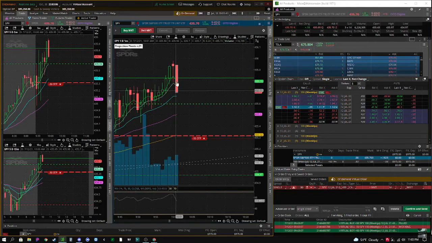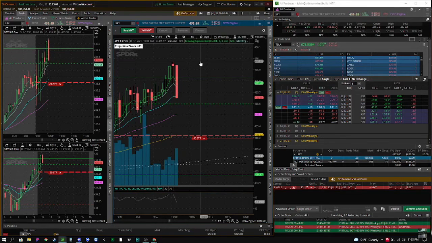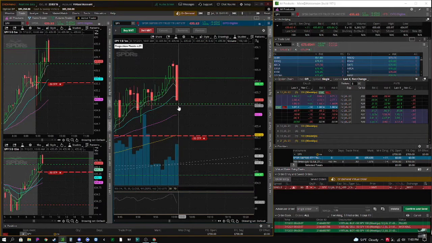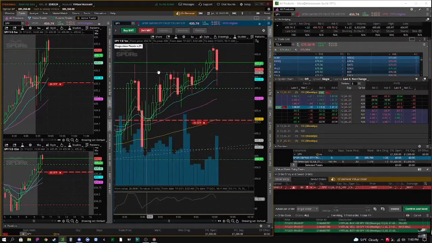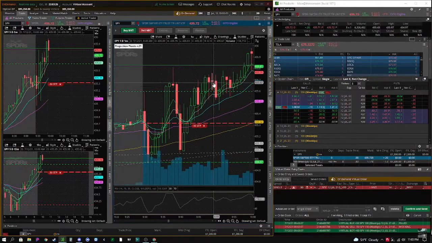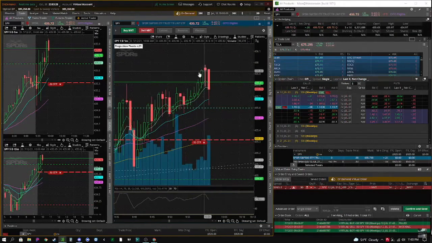You can see big resistance here. Big resistance here. It might even test this. We're still looking at good profits for the day. Like I said, I would have recommended taking your profits here, or even coming up and taking your profits here.